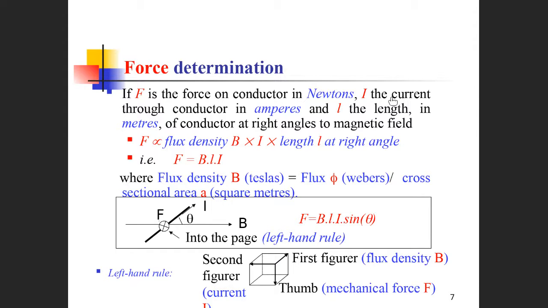I represents the current. So if we have a current of several amperes on a conductor with a length L, and the conductor is at right angles to the magnetic field, it will suffer a force. The force is proportional to the flux density, the magnetic field strength.